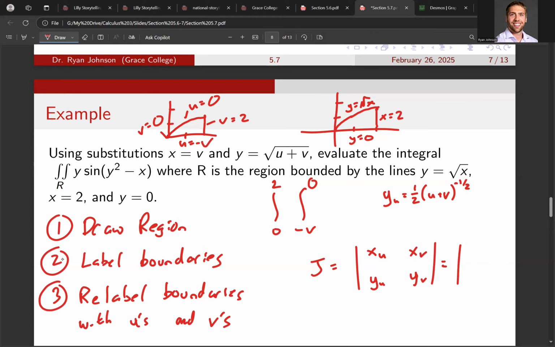So then it's going to be 0, 1/2 u plus v to the negative 1/2. And then it doesn't matter there because it's multiplied by 0. So then you get basically the absolute value of that will be 1/2 square root of u plus v.